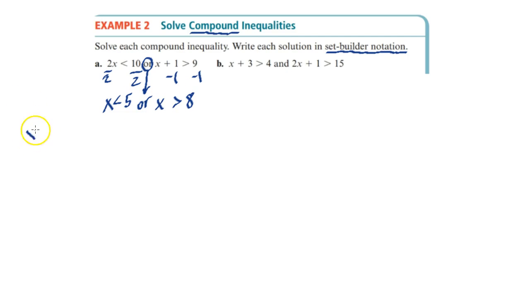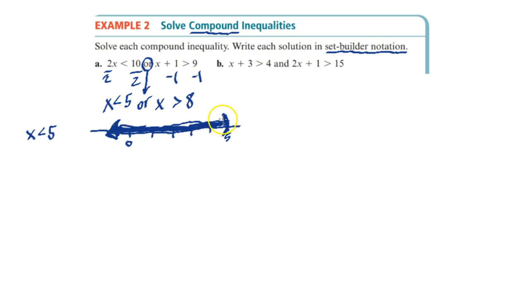So x is less than 5, and graphically we would be up at 5. 1, 2, 3, 4, 5. And it would be less than, so it would look like that, in this direction, and it would be an arrow pointing that way.